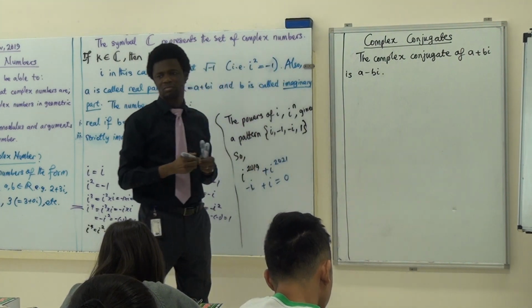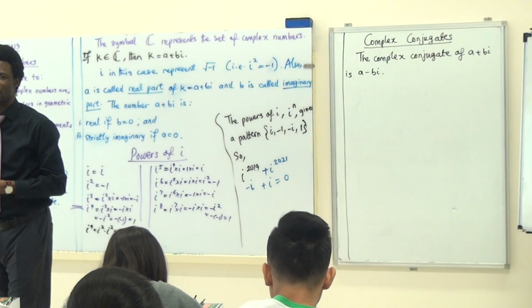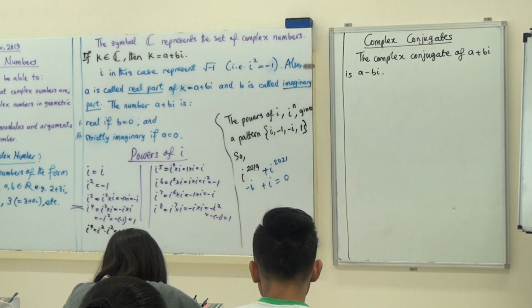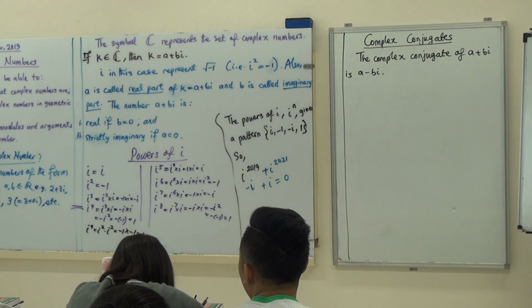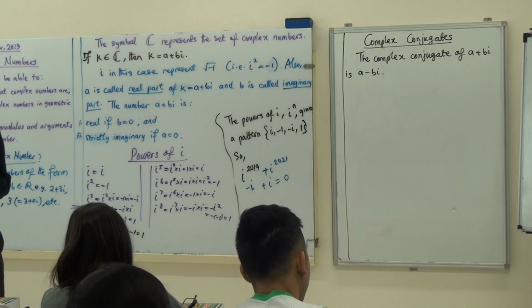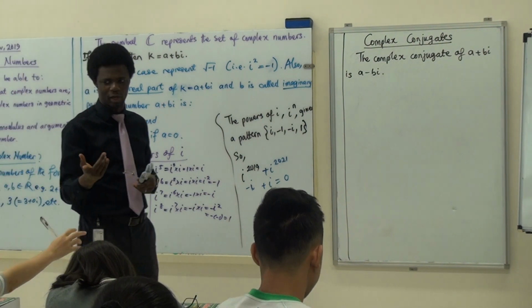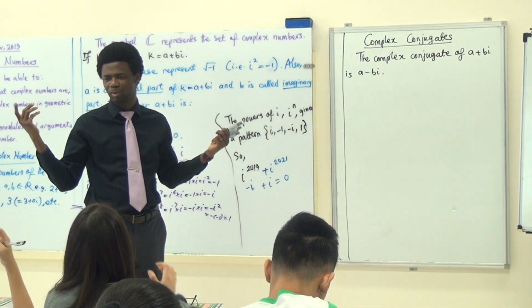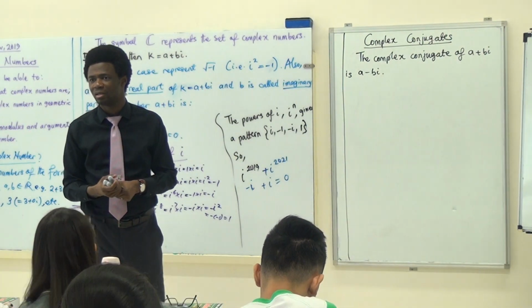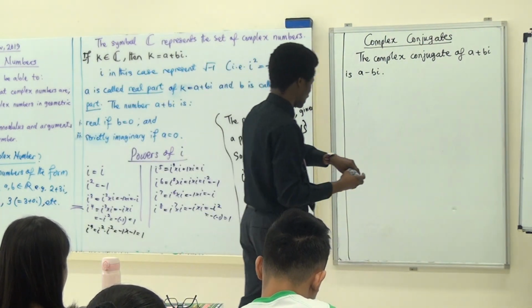Just like so. And later we will see that the product of two complex conjugates will never be complex. You know why? Because when you multiply, i squared becomes a real number. Okay? Later we will see that.